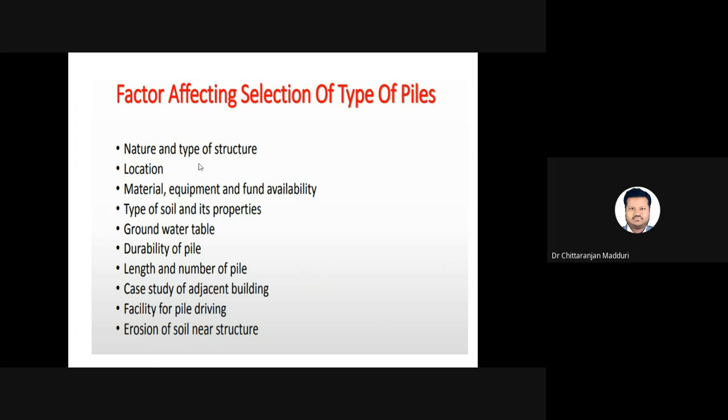Sometimes we need to go for steel piles, sometimes for concrete piles, and sometimes we can use timber as piles. We need to select the type of pile depending upon the situation, so the selection depends upon these factors.